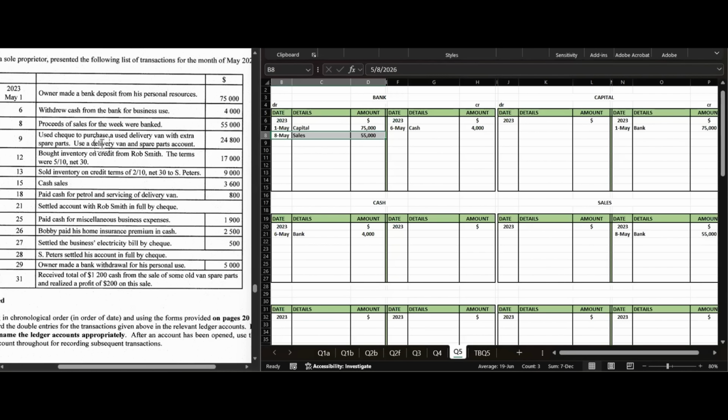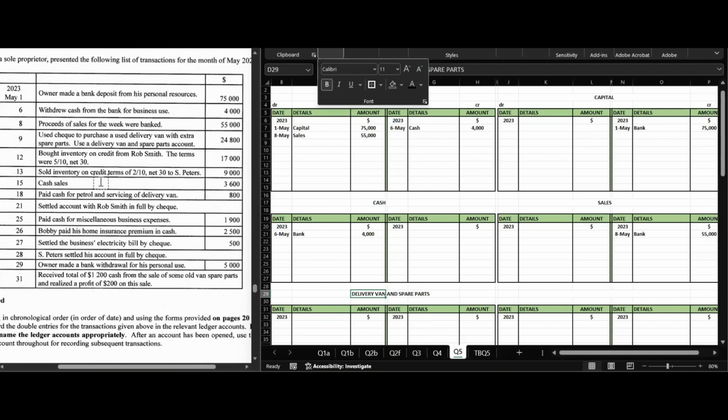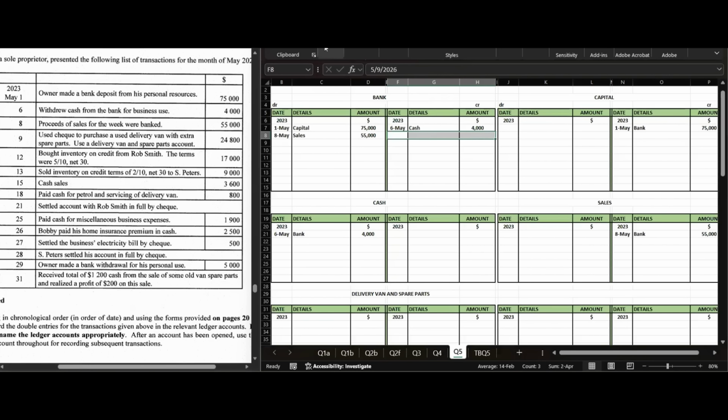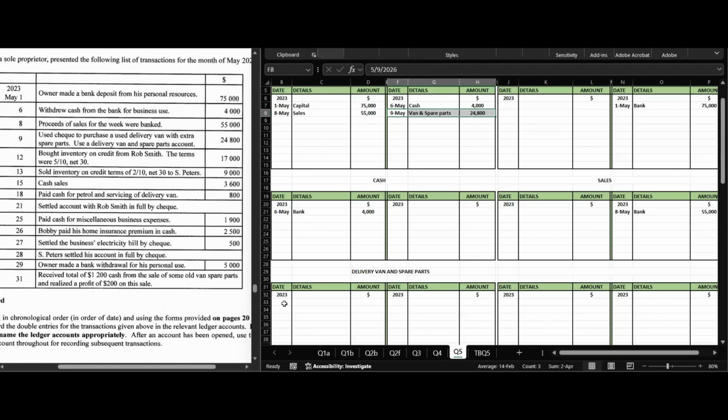On the 9th, used a check to purchase a used delivery van with extra spare parts, using a delivery van and spare parts account. Okay, so they told us to use a van and spare parts account, which we will do. Now we used a check to purchase items. Therefore, you credit your bank, you debit your van and spare parts account.